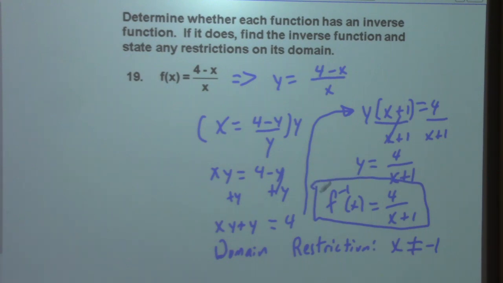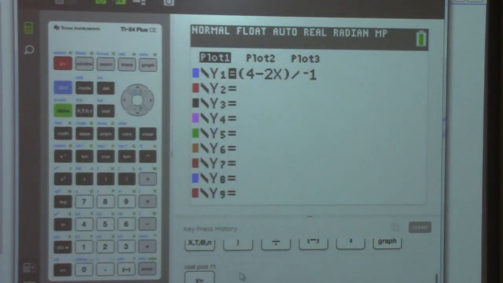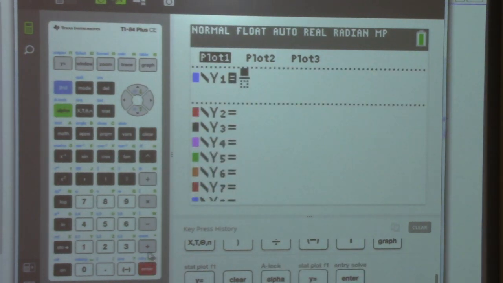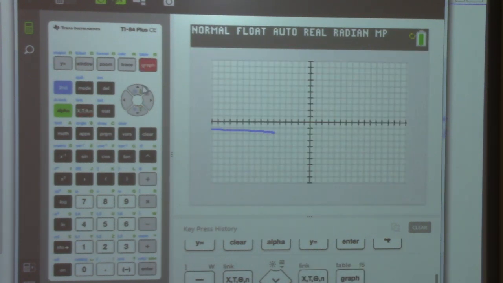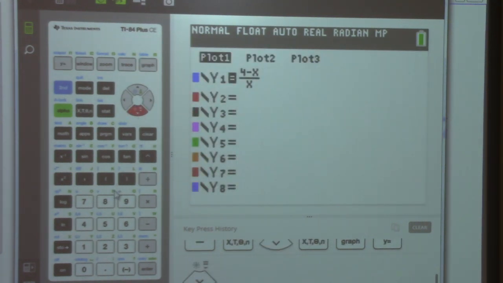But anyway, that would be it. I want to show you something in the calculator. You can test these out, and I think we talked about this yesterday. If you take this one right here, 4 minus x over x, we graph the function, this is what it looks like, and then we graph the line y equals x.